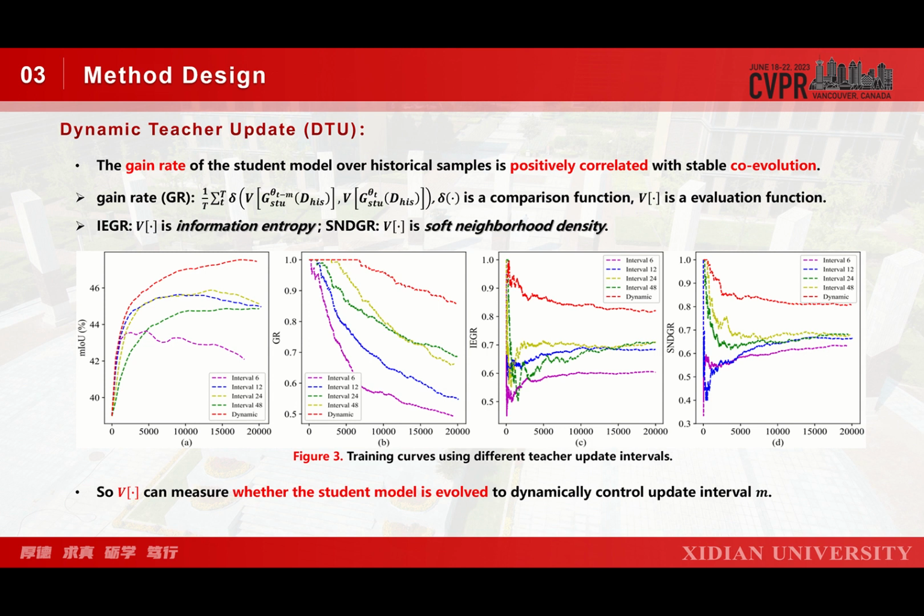We can see that co-evolution and GR are positively related, so it's reasonable to argue that the performance of the student on historical samples can reflect its evolutionary state. Then we can use this function to measure whether the student has evolved to control the update.